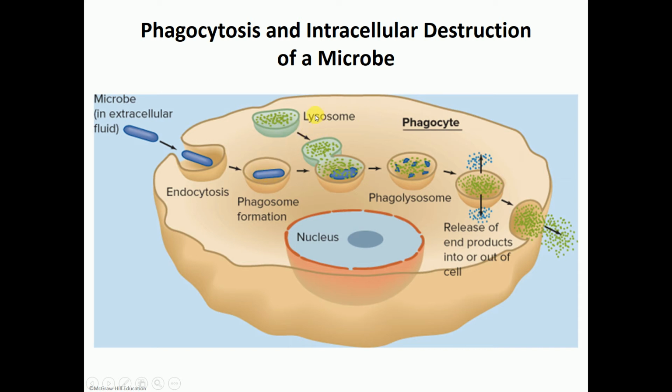If you remember, our immune cells have lysosomes that are full of enzymes that can digest microbes. That lysosome will fuse with the phagosome to make a bigger phagolysosome that is going to literally digest the microbe into smaller parts and then release these products into either the cell or outside of the cell.